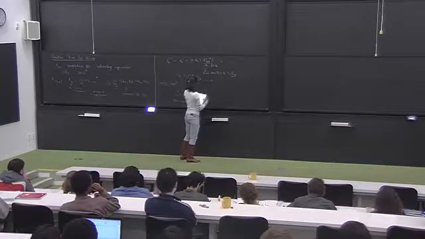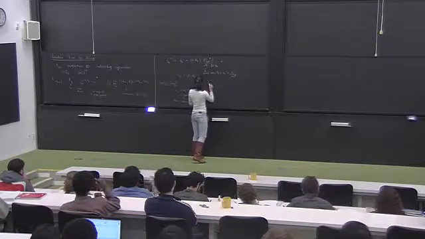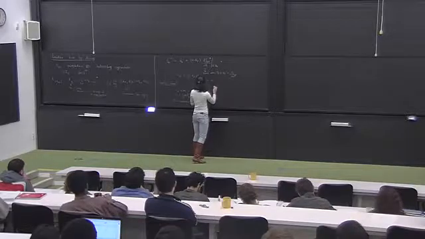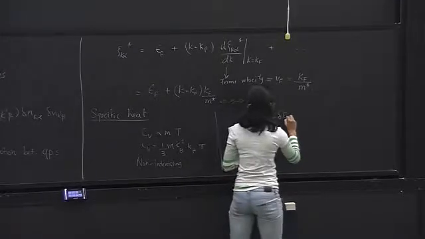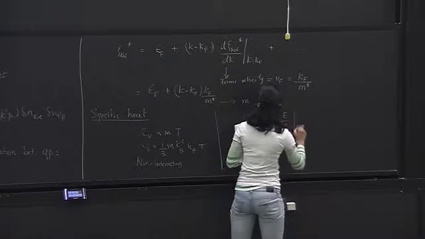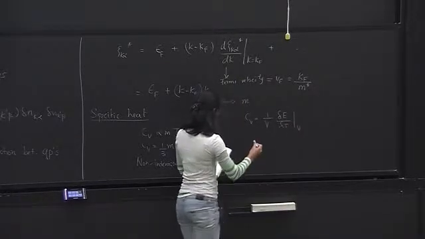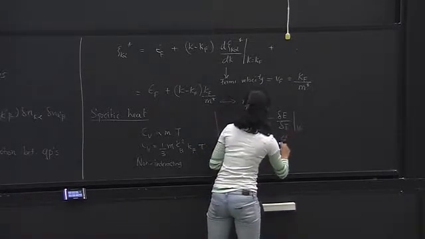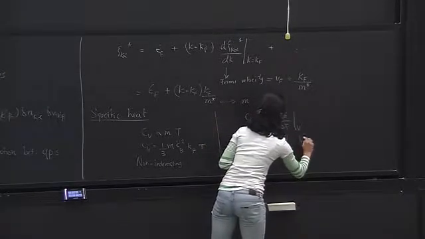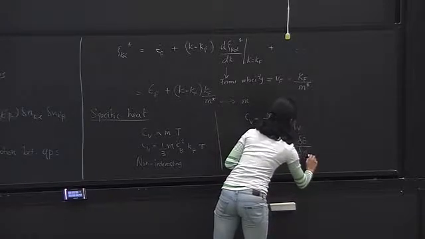Let me just show you at least the specific heat. So specific heat was defined as CV is 1 over E, delta E delta T at fixed volume, with the sum over k alpha.